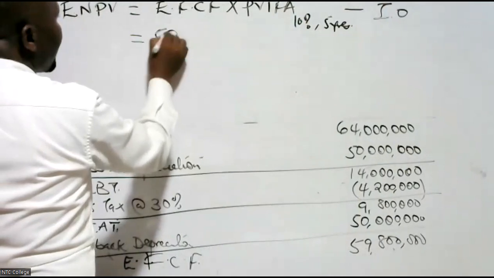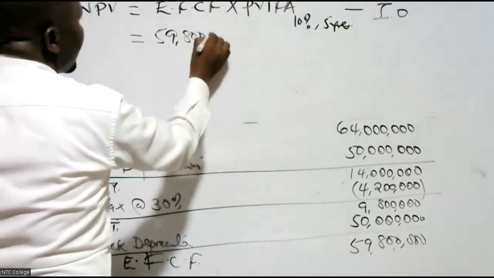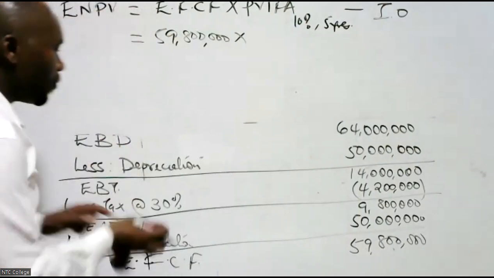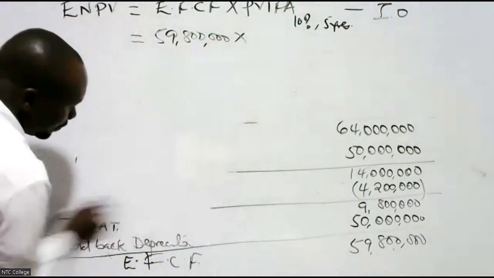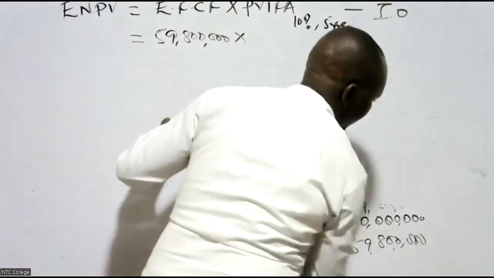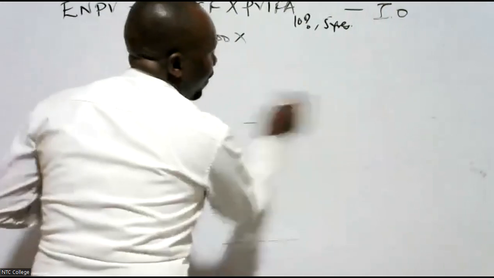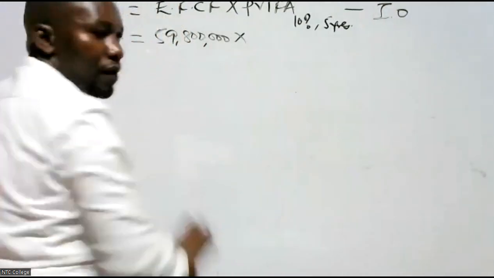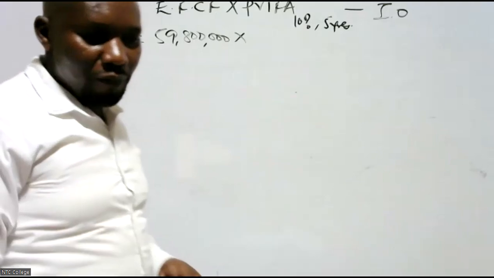Our cash flow is 59,880 times PVFA. What is the value of PVFA? Calculate PVFA.